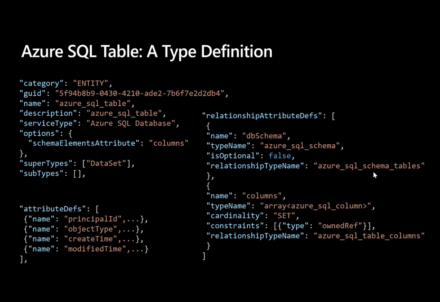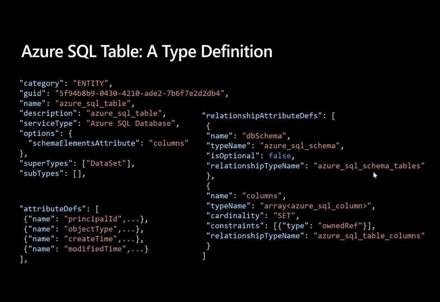Moving to the right-hand side, we have relationship attribute definitions, and these can be defined here inside of your type definition or using another API endpoint that is, I think, probably much easier to work with. But we'll discuss that later. But here is the relationship attribute definition for the DB schema. In this case, the name of the relationship attribute definition is pointing to that reference.